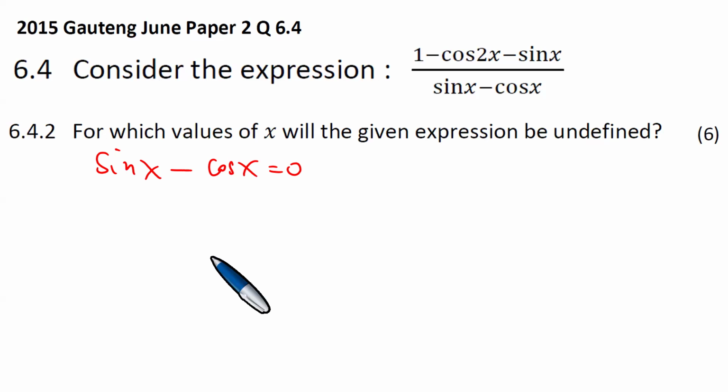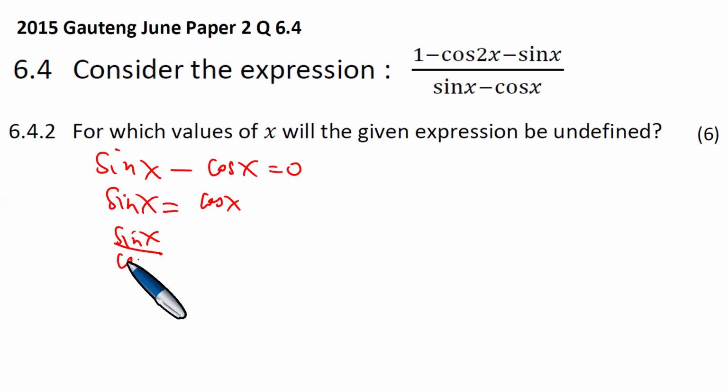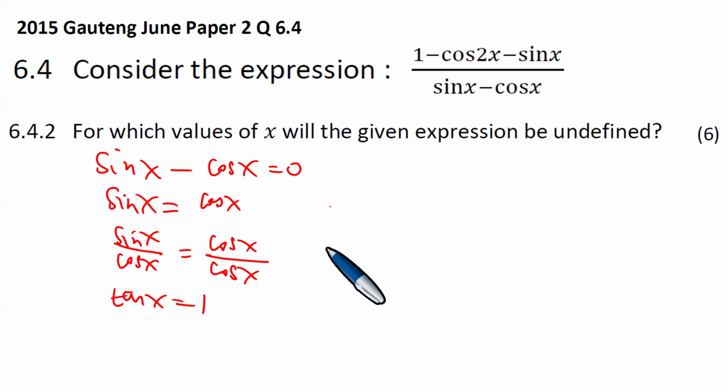You say sine x equals cos x, and then sine x divided by cos x. So you can say sin x equals cosine x, and then you divide by cosine x. And then what do we get? tan x equals 1.